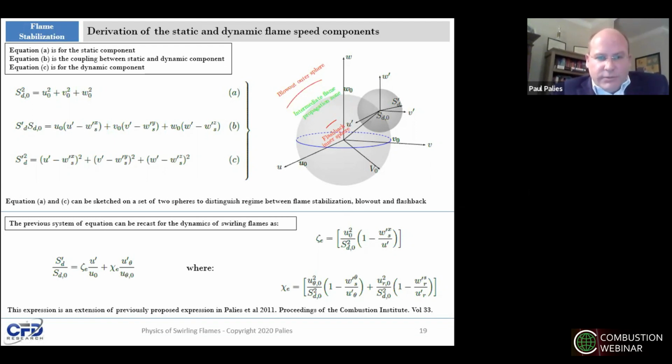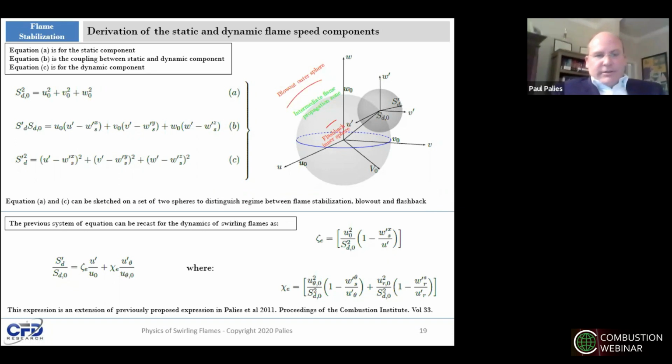In addition to this description, we can recast the expression of this budget for swirling flame, and that's what is conducted at the bottom of this slide. And you see that the fluctuation of flame speed depends on the ratio of the axial and the azimuthal velocity fluctuation, and that we can find the exact expression of the coefficient, and that's previously published work.